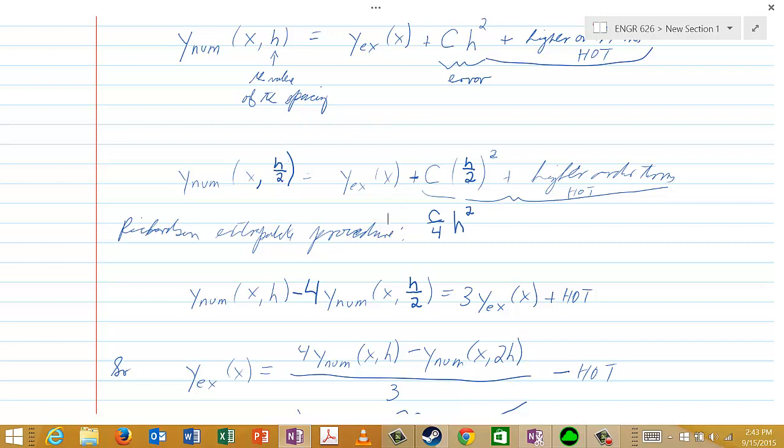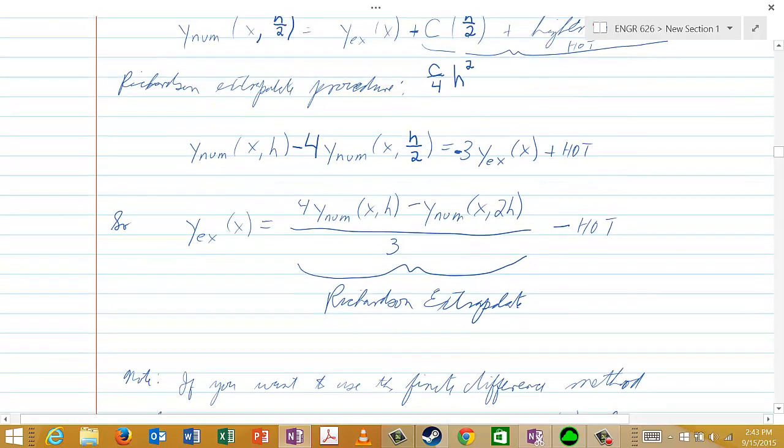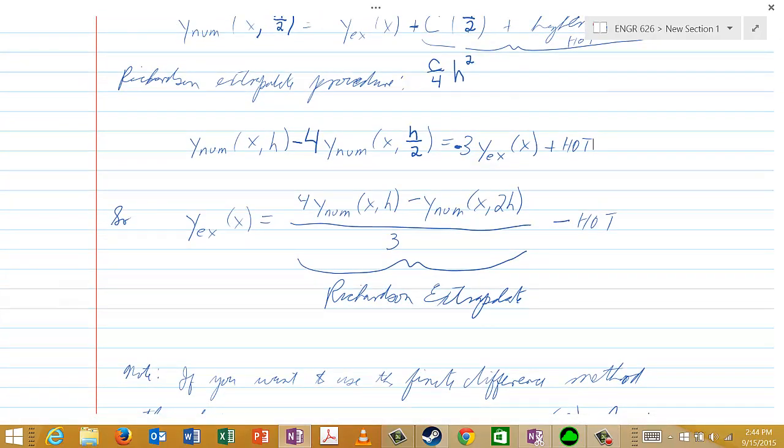And so if we're going to do that on the left-hand side, then we have to do it on the right-hand side as well. And so on the right-hand side, we will get negative 3 times y ex of x. And then we get higher order terms in the top and higher order terms in the bottom, which we just group all together as higher order terms. Okay? And now, if we do a little bit of algebra, let's see what we'll get.